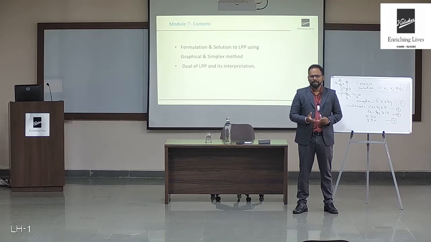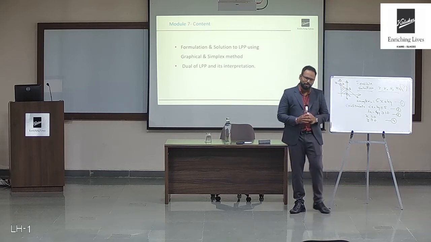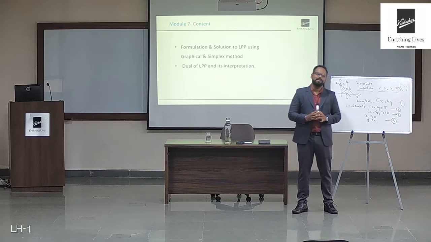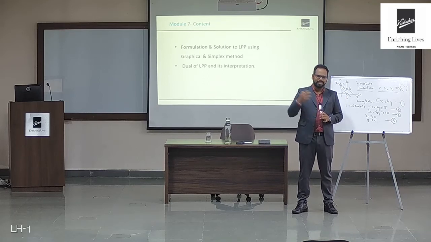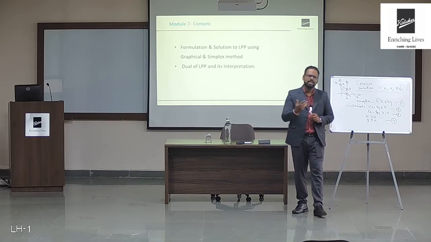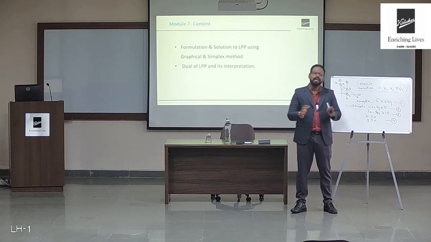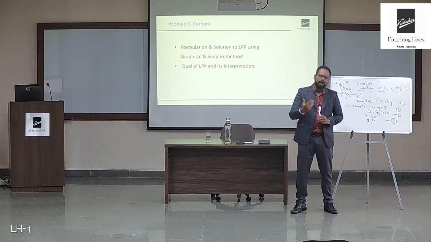The word is simplex, but I warn you, the numericals are a bit difficult in simplex. The way we solve it is quite complicated. It has a number of steps which we need to follow, and from those steps we get to the answers. When we go for the simplex method, there's something called a slack variable which we introduce, and this slack variable helps us form the simplex table, and from that simplex table we can form our solutions.